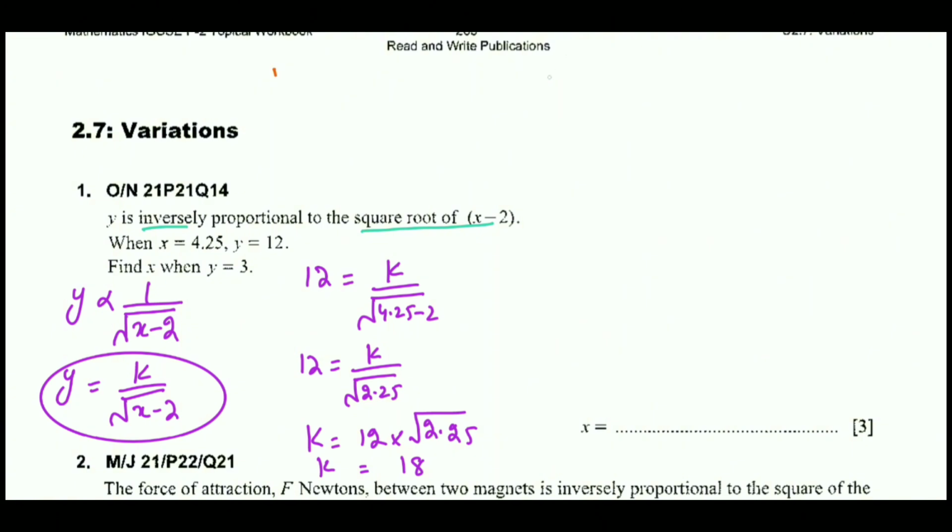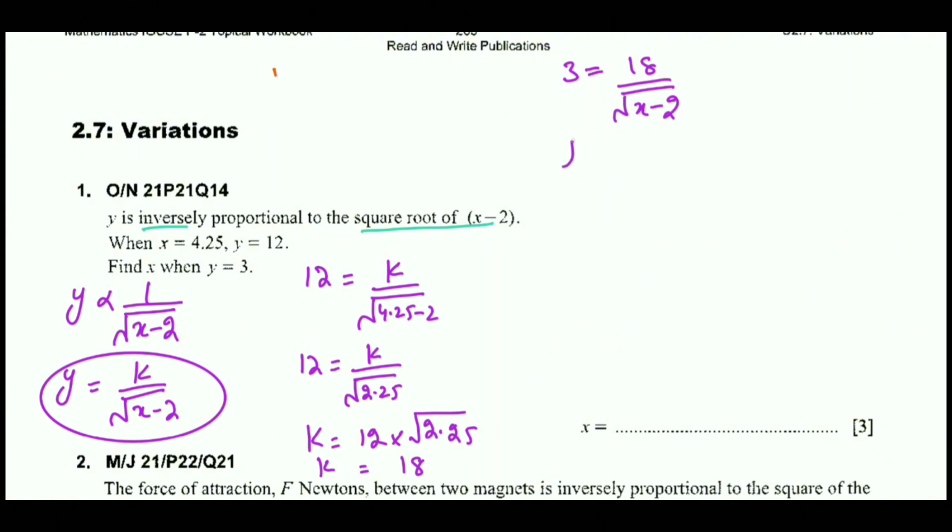So what we have done here is we just put the value of k and y in the same equation, and we will get the value of x.